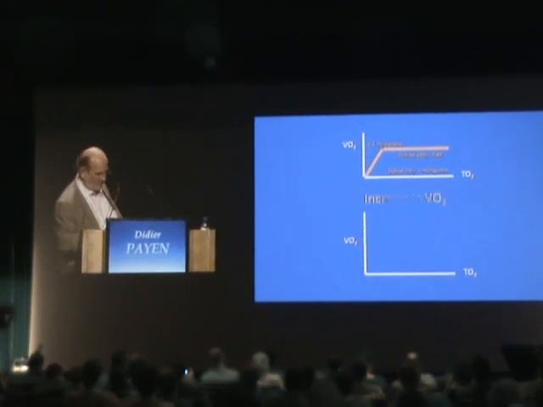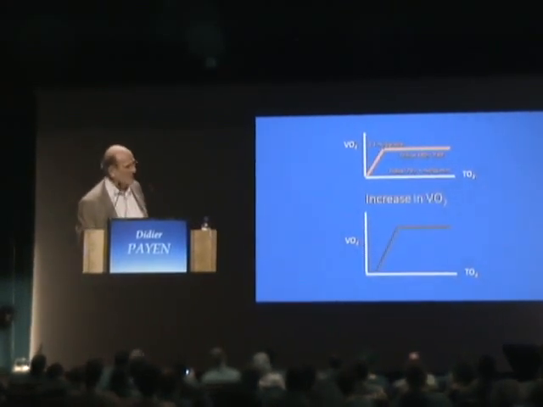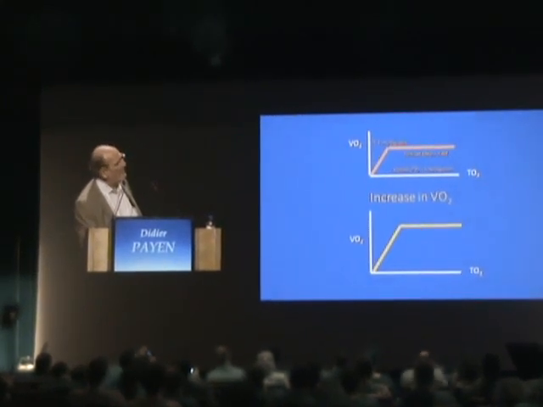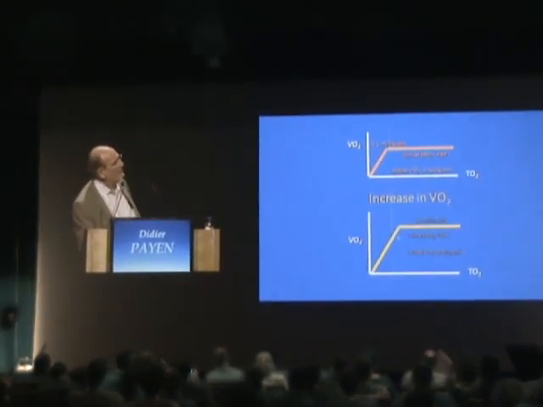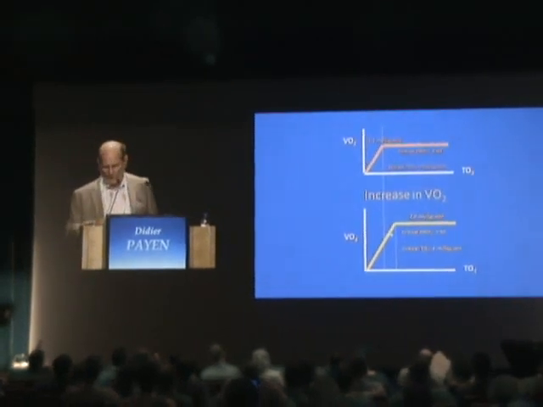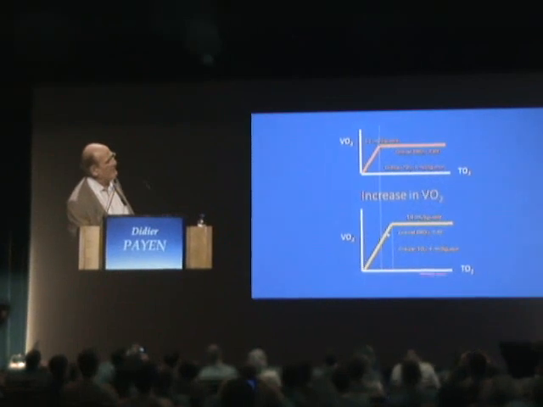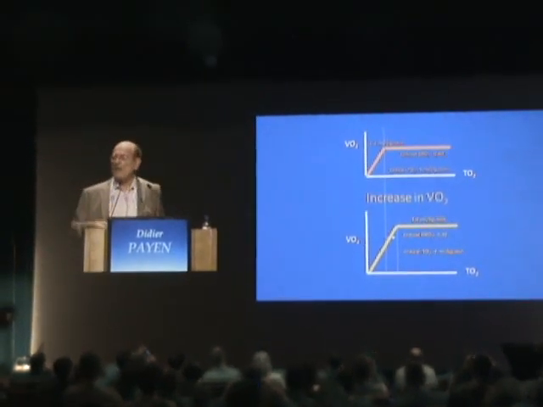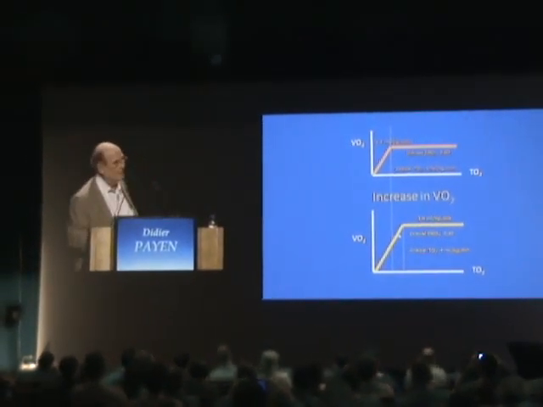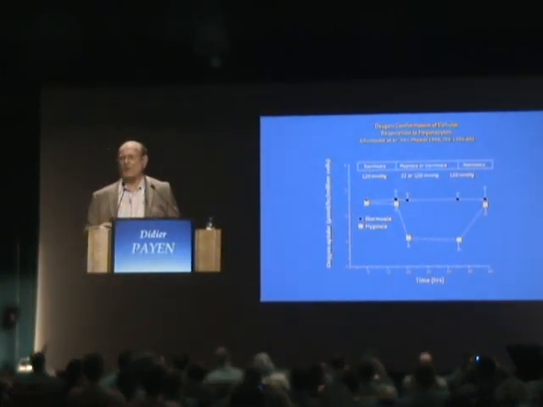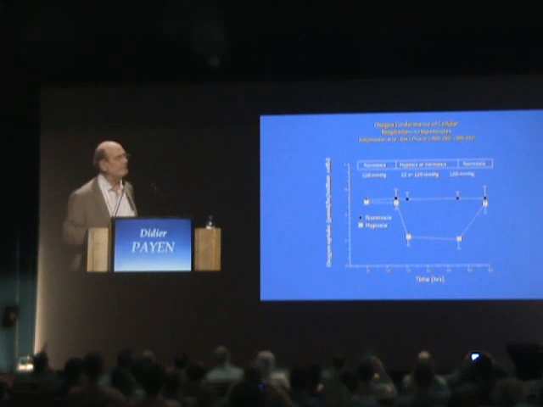Then, if you increase the oxygen consumption, you have a higher level of oxygen consumption, but you see at the same time that you shift the threshold at which the oxygen consumption becomes dependent on the oxygen delivery. And that might be an important determinant to remember when you are doing this flow variations with the therapeutic issues.